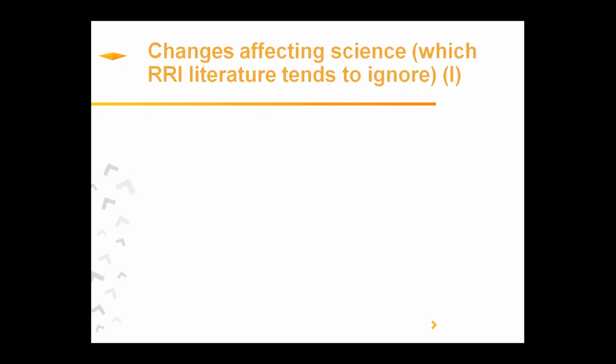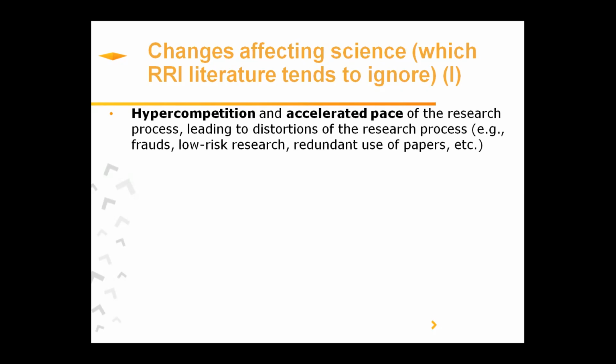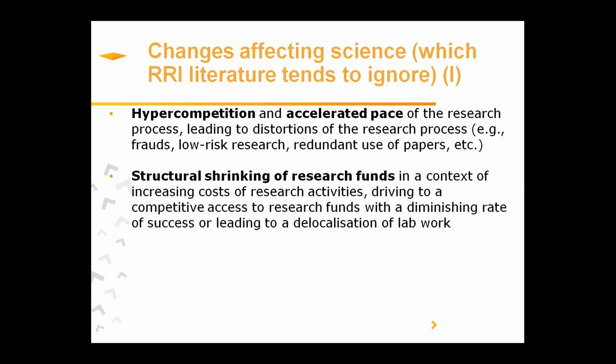I provide some examples only. There is a literature showing that there is a hyper competition, an accelerated pace in the research process, leading to some forms of distortion of the research process. For example, an increased number of frauds, low risk research, the tendency to produce redundant papers to make careers. There is a structural shrinking of research funds in the context of increasing cost of research activities, driving to competitive access to research funds with a diminishing rate of success, or leading to a sort of delocalization of lab work.